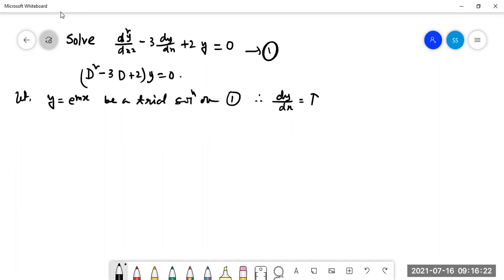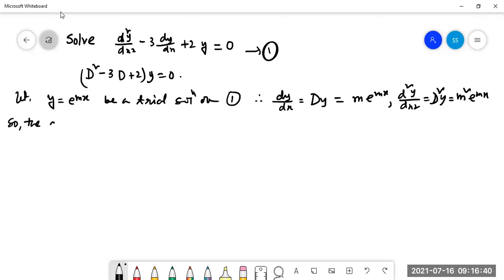So dy/dx is equal to m e to the power mx. We are just simply differentiating it, and d²y/dx² is equal to m² e to the power mx.